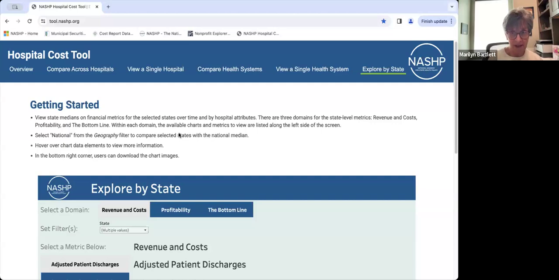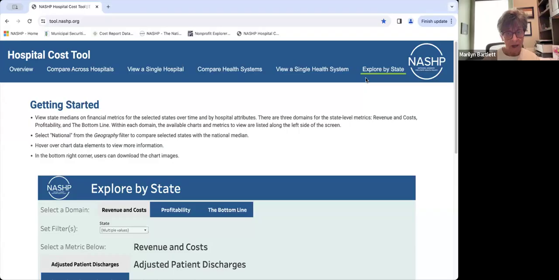Now, it looks similar to the other tool, but across the top here we have tabs, and they're a little bit different than they were before because we received feedback from states. They wanted more information, or I should say you wanted more information about health systems and the different states they operated in. So we did change a few things that we'll go through.